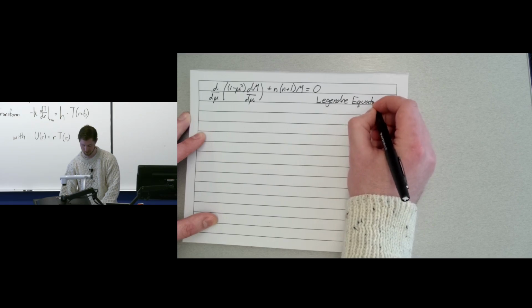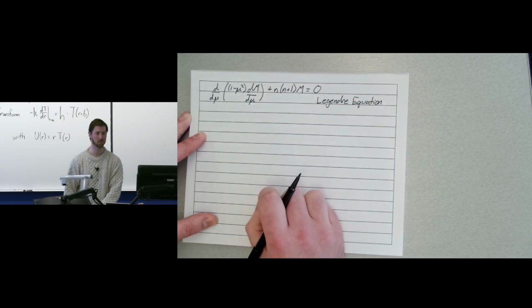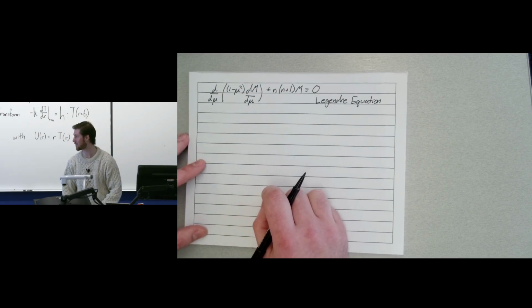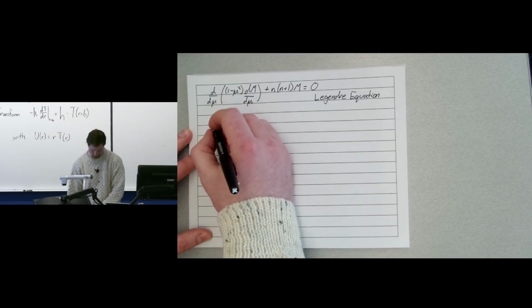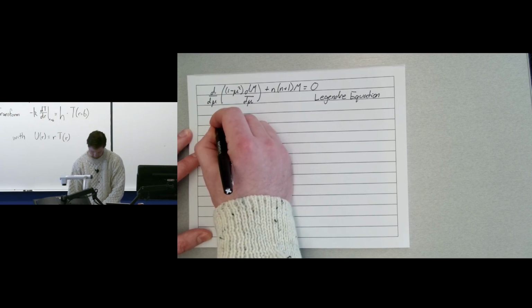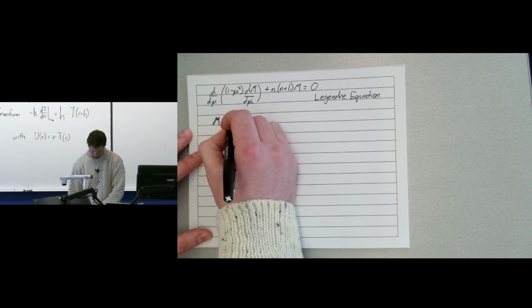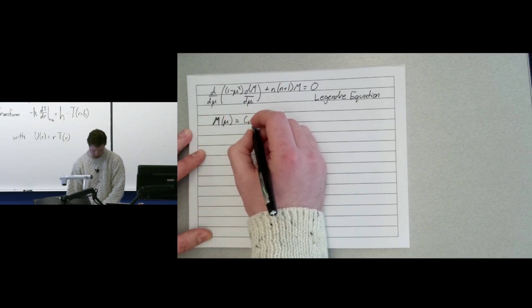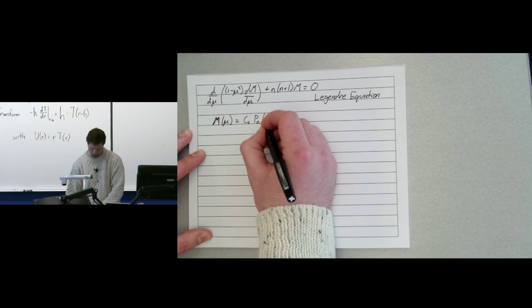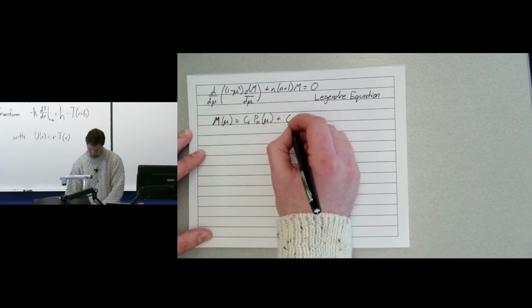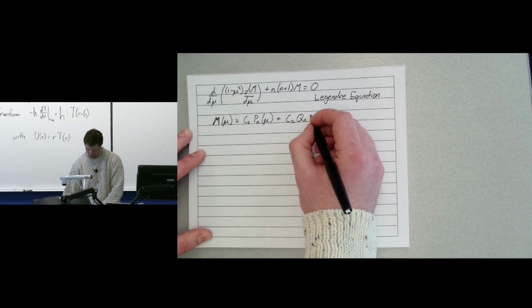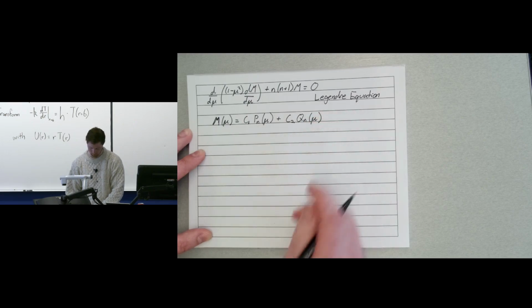Once again, if you want to see the solutions, you can talk to someone in the math department or you can watch the YouTube videos because I'm not the mathematician here. But this is going to give us M in mu is going to be equal to some constant times our Legendre function of the first kind of order n, evaluated at mu, plus another constant times our Legendre function of the second kind of order n, also evaluated at mu.